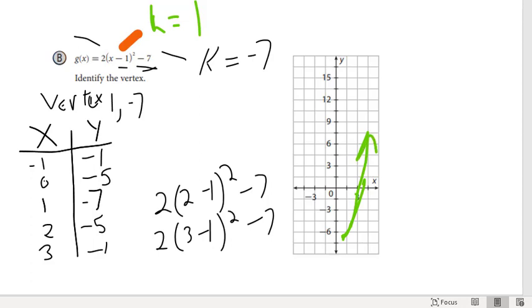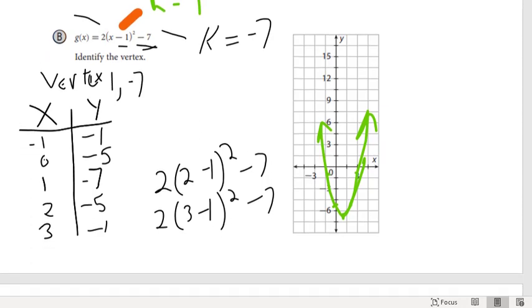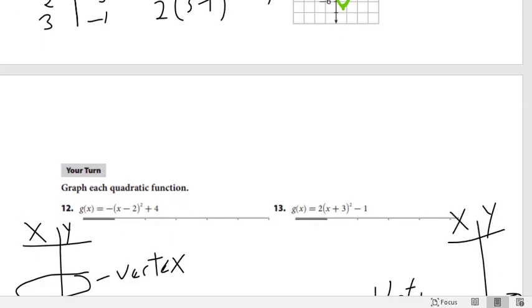That side should look like that. Then we have 0 and negative 5. About there. And negative 1, negative 1. Around there. Okay, so it did move down 7. It moved right 1. It does look skinnier than what the original just x squared parent function would look like.